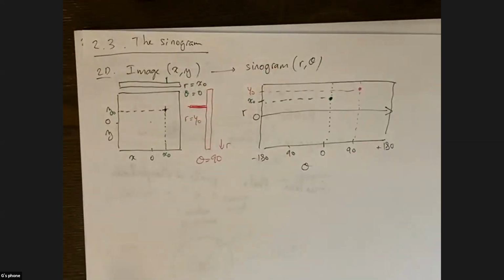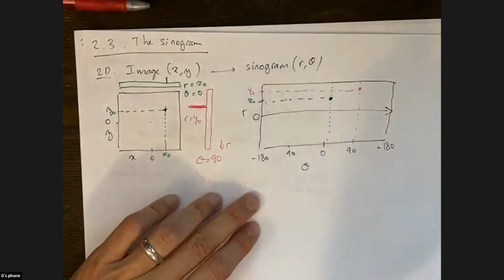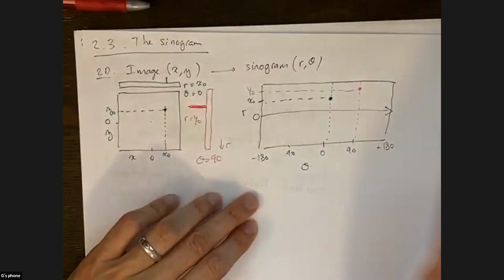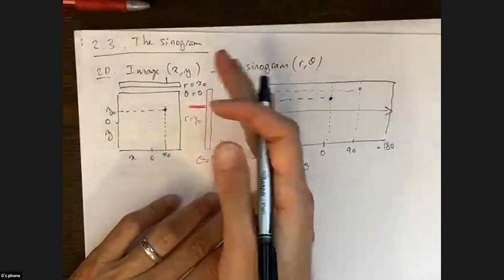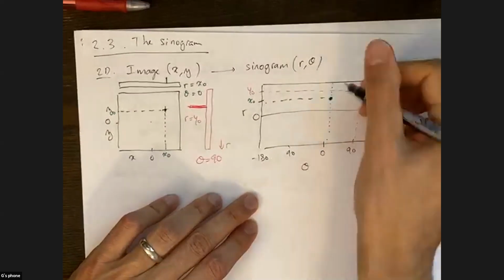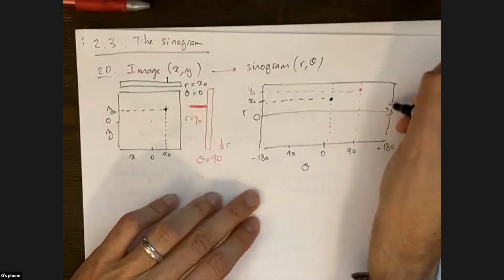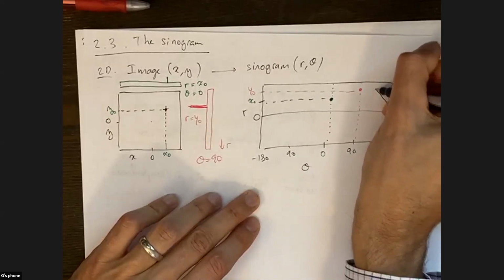And if we do that for all the angles, rotating the camera, maybe by increments of 1 degree, we can fill in the sinogram essentially, and fill in this whole structure with information. So here we've put zeros everywhere except there. We can fill in the rest of the sinogram, and it's going to look like a sine wave actually.